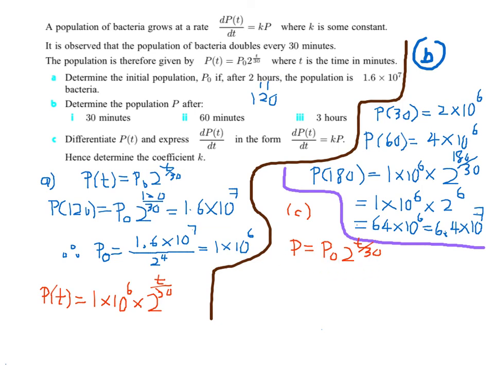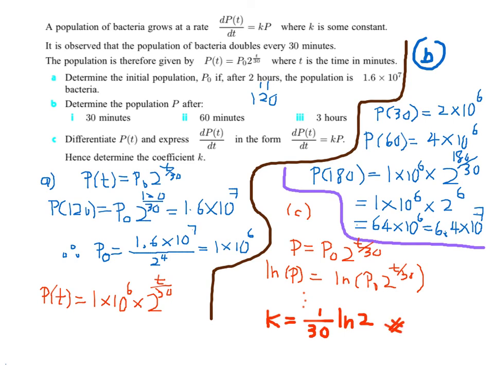So what you're going to do is take ln of both sides, and I will leave the heavy lifting to you. You have to do the rest of the work later, as an exercise for yourself. You perform the differentiation, and this will be implicit for sure, and you should end up getting k. K will be something like 1 over 30 times ln 2. So good luck trying this one.